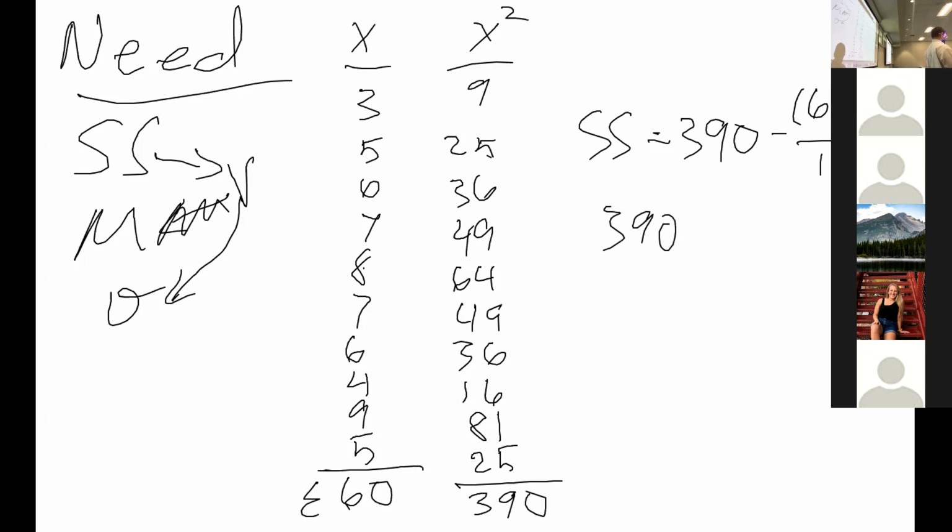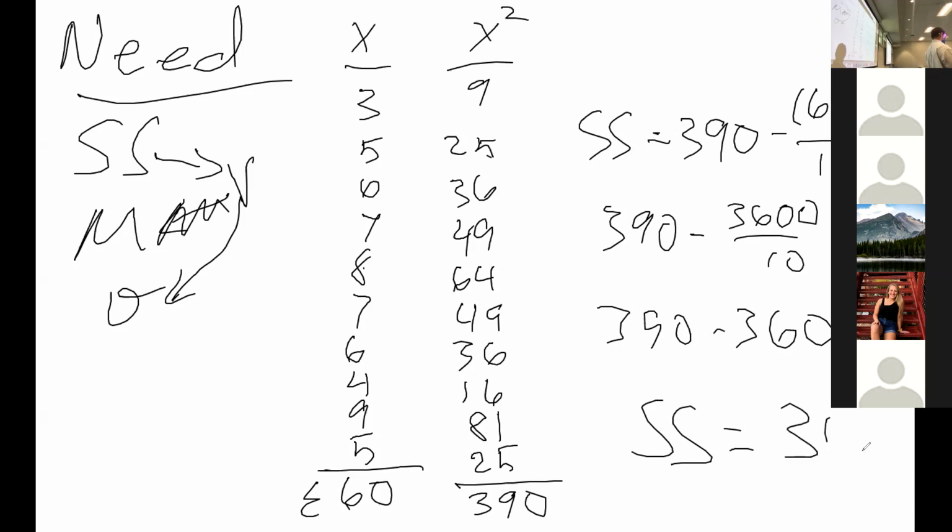So that gives us 390 minus 3,600 divided by 10, or 390 minus 360. So our sum of squares is 30. Is that what everybody else got? Cool. All right. So we will take our 30 as our sum of squares.